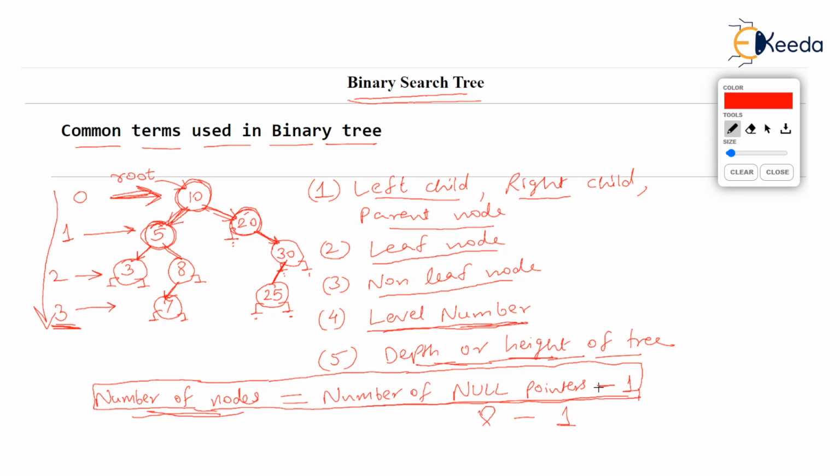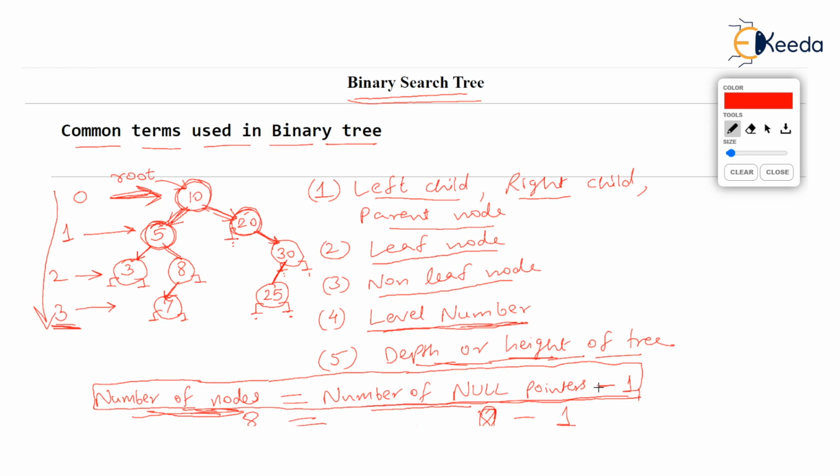The number of null pointers in this new tree after adding 25 is 9. And I am saying that the number of nodes is equal to 9 minus 1, the number of null pointers minus 1, that is 8. And if you count the number of nodes now after inclusion of 25, the number of nodes is 8, which gives you this tally. This tally is always working, isn't it?